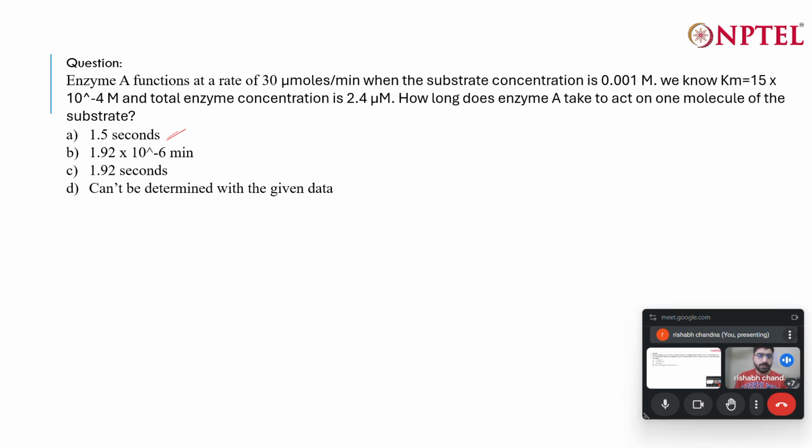Okay, let's calculate. Fine. So the correct answer is option C. So what is given in the question basically? This is 30 micromole per minute, that is the rate of the reaction, so this is V naught that has been given.